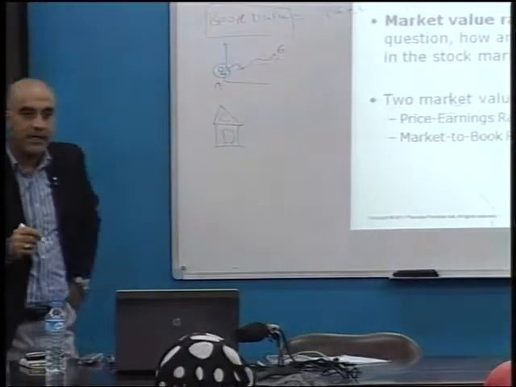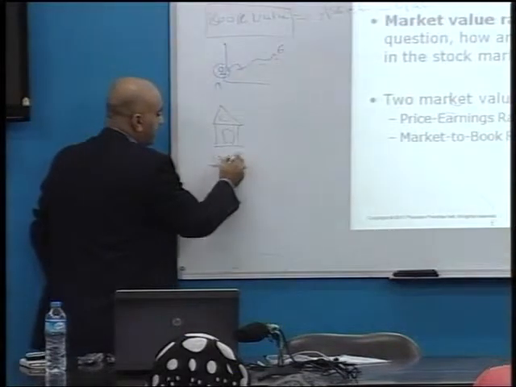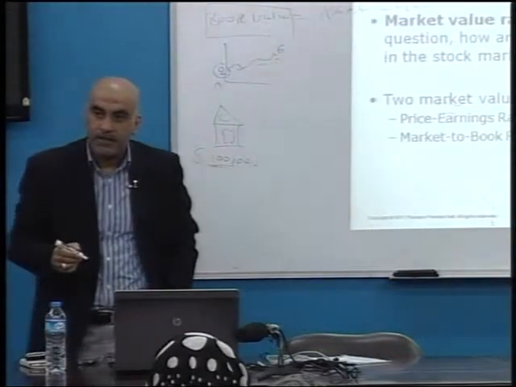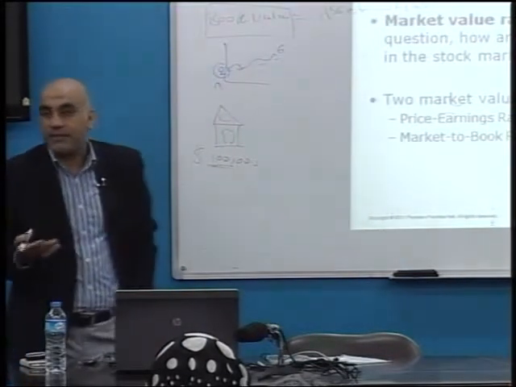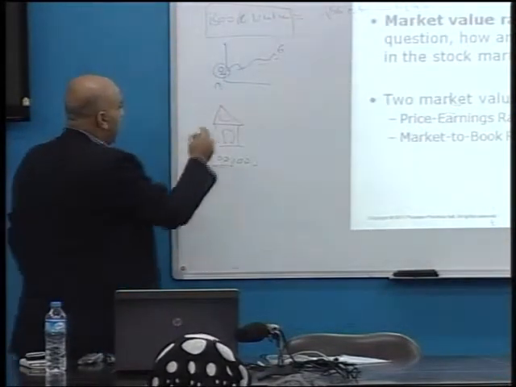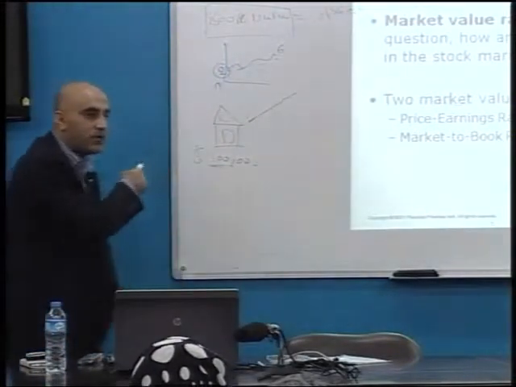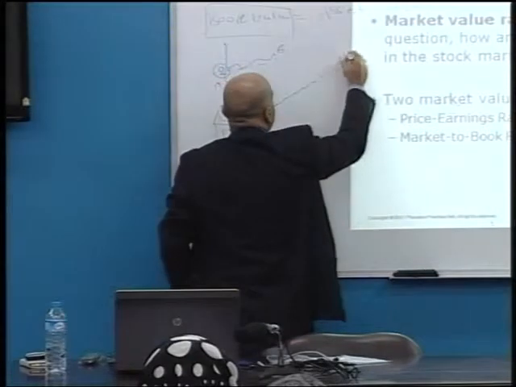This house is worth around $100,000. And this is the book value of this house, what it's worth now. And the traders trade on this house and make the price to be $400,000.